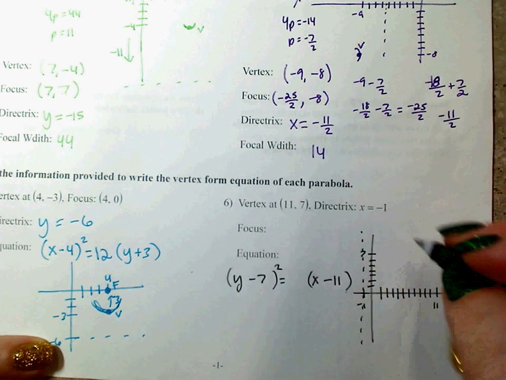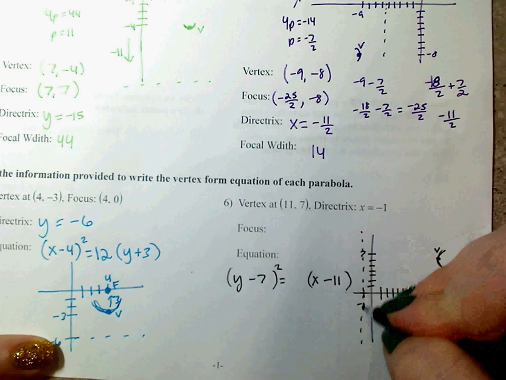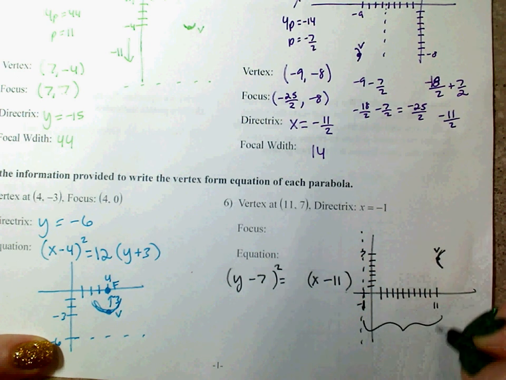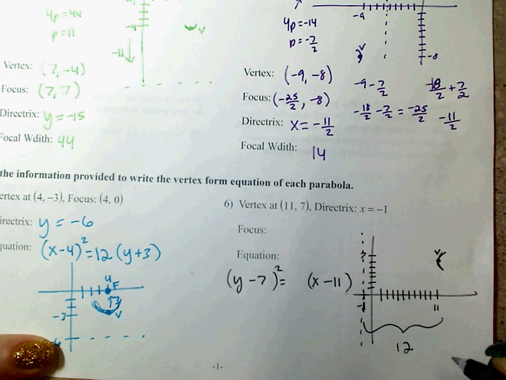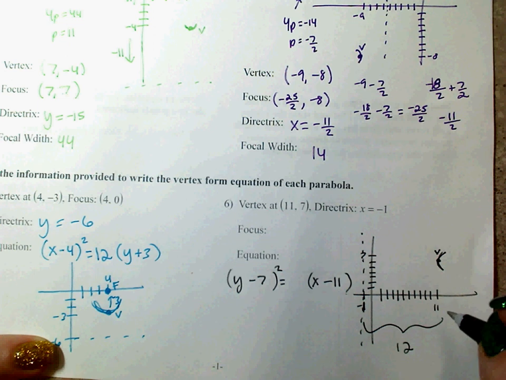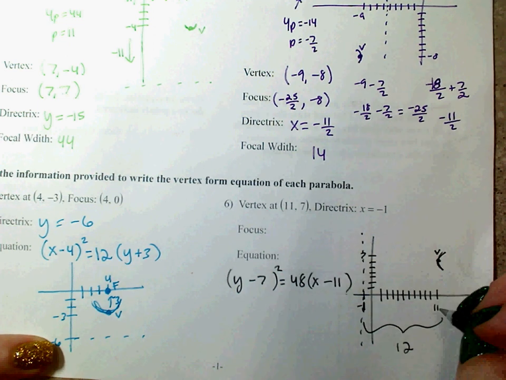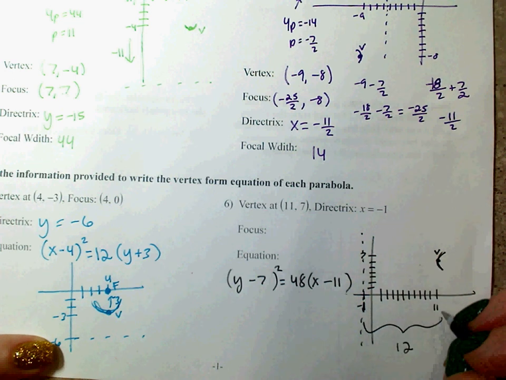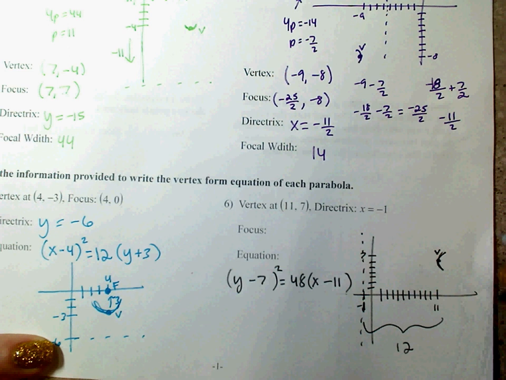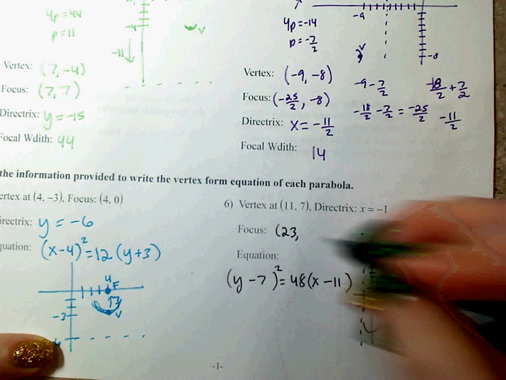Well, the distance between negative 1 and 11 is 12, which means my focal length is 12. And so it's 4 times 12, which is 48. And then my focus, so if I go 12 to the left to get there, I go 12 to the right, and 11 plus 12 is 23. So we're talking about a coordinate point way over here at x equals 23, but the y value would stay the same, 7.